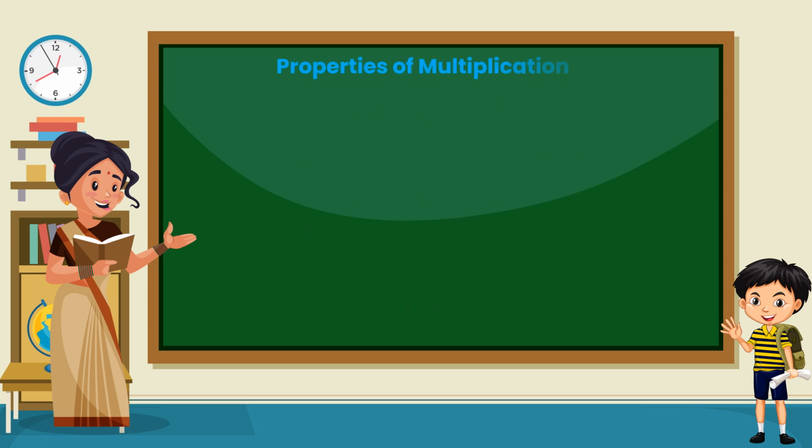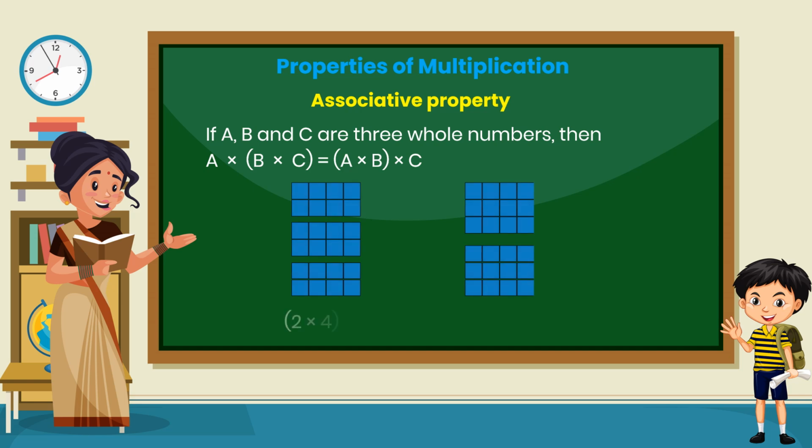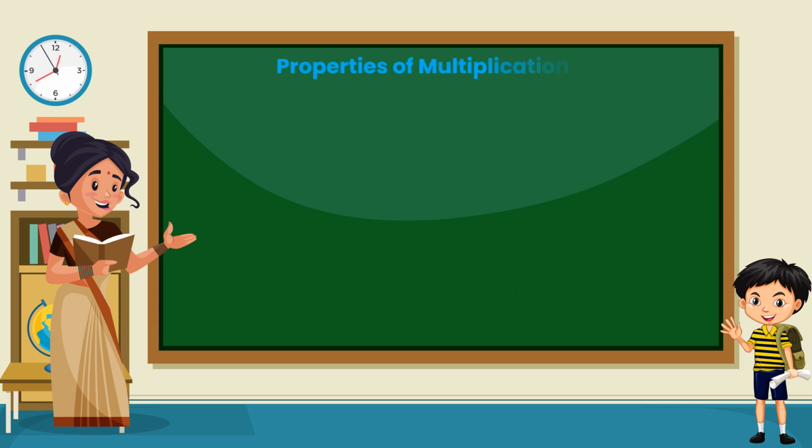Properties of multiplication. Associative property. If A, B and C are three whole numbers, then A multiplied by B multiplied by C equals A multiplied by (B multiplied by C). 2 multiplied by 4 multiplied by 3.